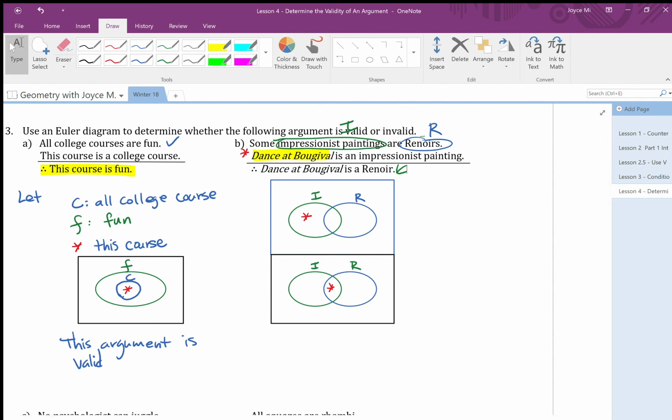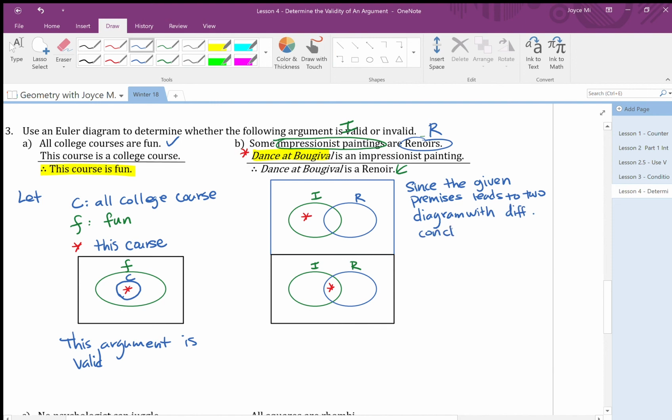So let me write it. So let me express that. So I say invalid argument. So we say because the given premises led to two diagrams with different conclusions.